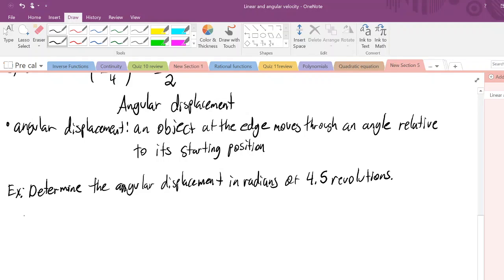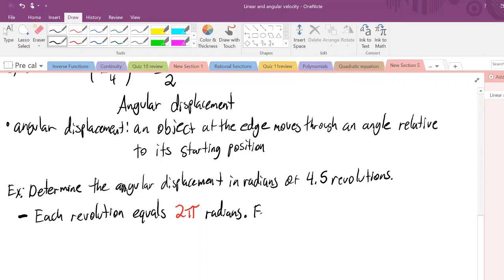So, one thing we gotta know. Each revolution equals 2 pi. Alright, that's one whole circle. So one whole circle is 2 pi. Alright, 2 pi radians.